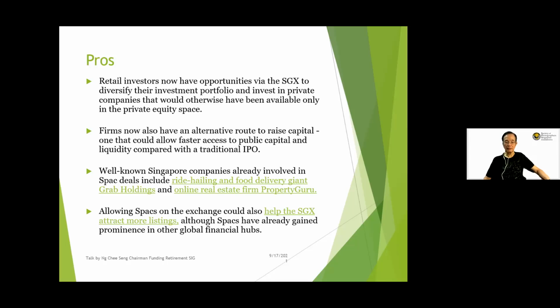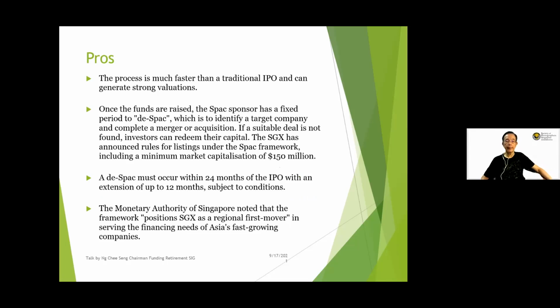So right now they're also going for IPO, and they will go the SPAC route, already working on this SPAC deal. So what are the reasons? The main reason they claim is that the process is much faster than a traditional IPO and can generate strong valuations.